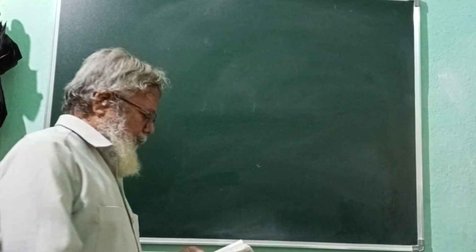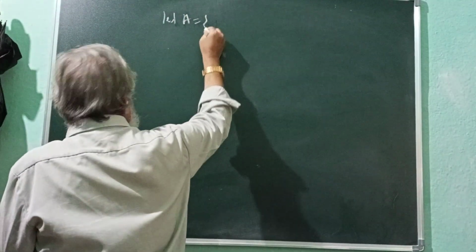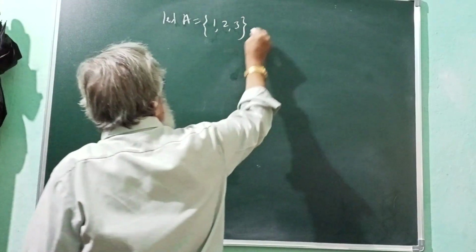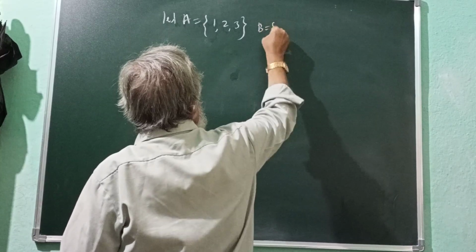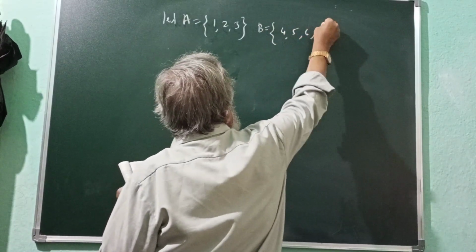Now see here. Let A = {1, 2, 3}, B = {4, 5, 6, 7}.